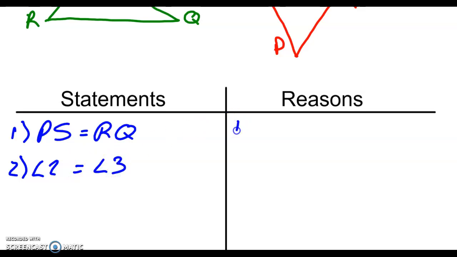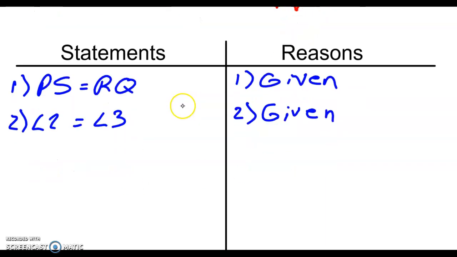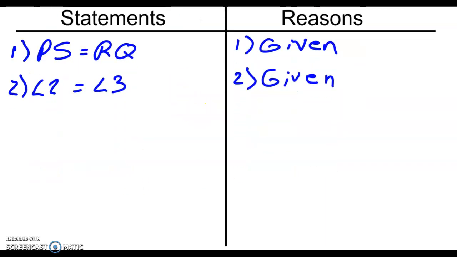Now remember, we can't necessarily mark those as congruent because we haven't stated or proven that they're congruent technically. Now you guys might be saying, well, equal is congruent. Yes, you're right, but that has to be clearly stated. So with my third step, I'm going to say, since PS is equal to RQ, now I can say that the segment PS is congruent to the segment RQ.